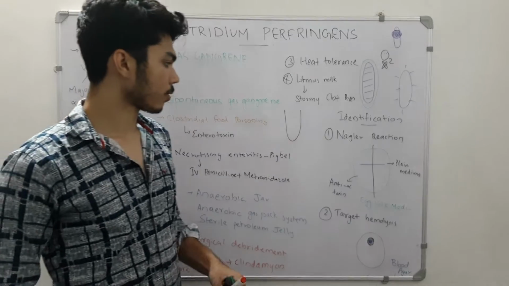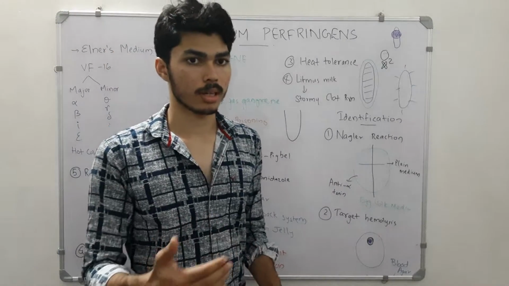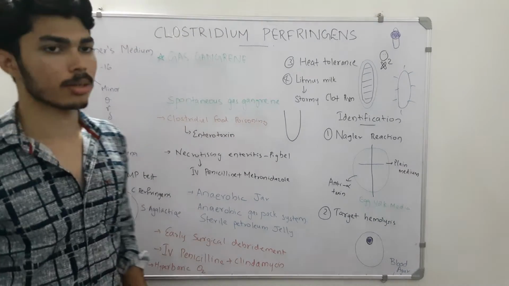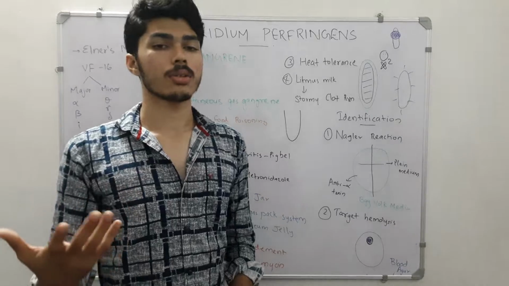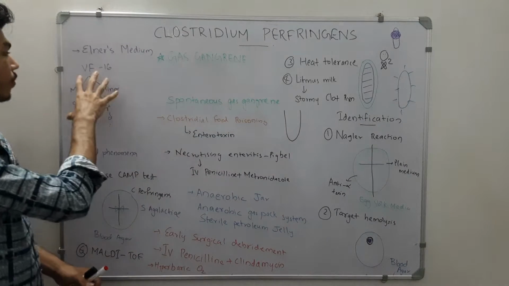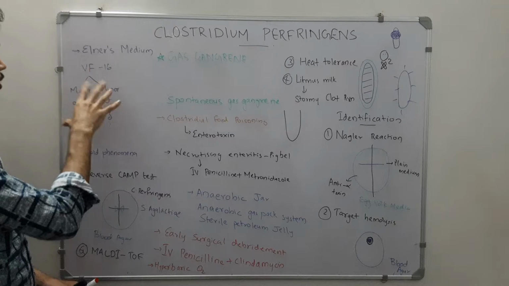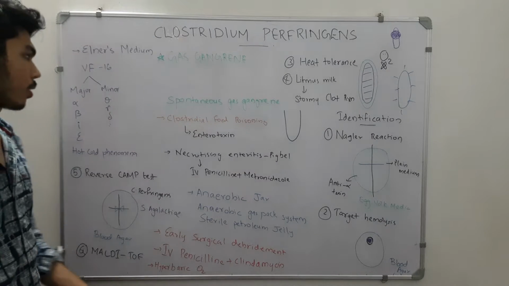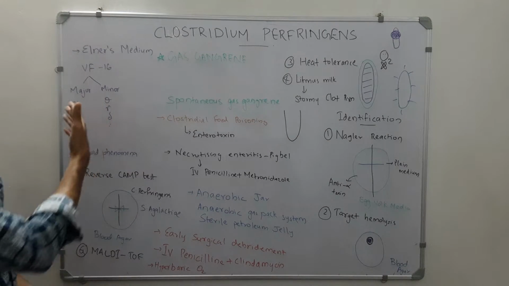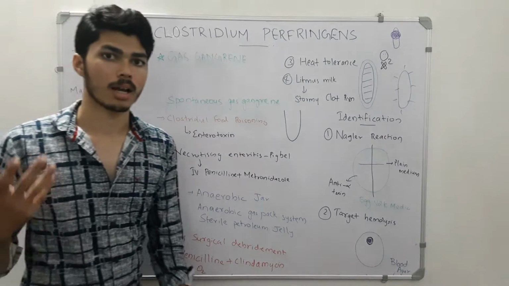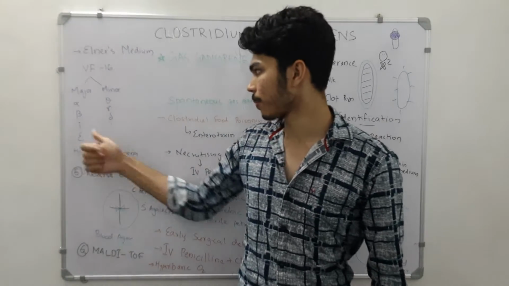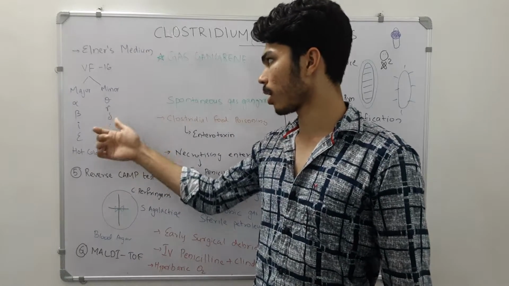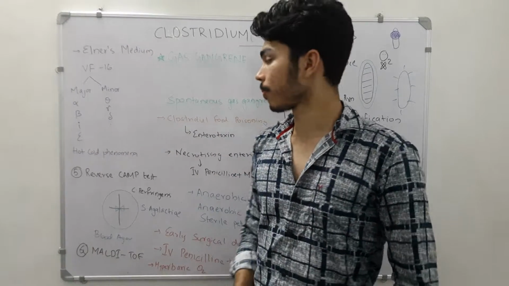But just before that, I want to introduce something about the virulence factors of Clostridium perfringens. There are actually 16 virulence factors, and it can produce major as well as minor virulence factors. The major ones are alpha, beta, iota, that means I, and epsilon, whereas the minor ones are theta, gamma, delta, and so on.